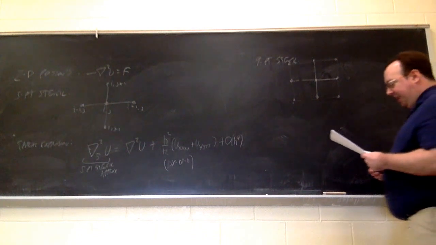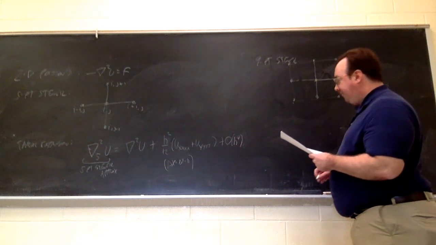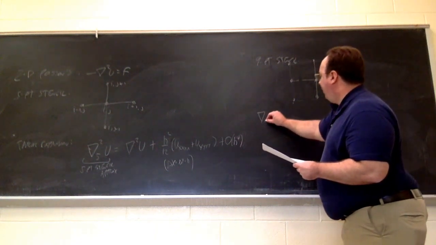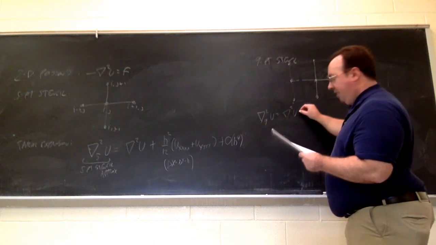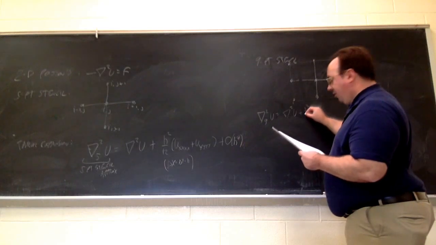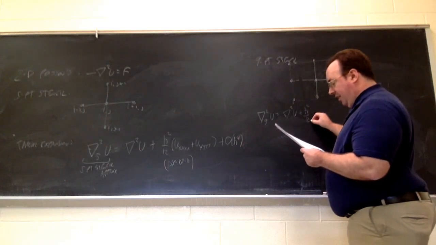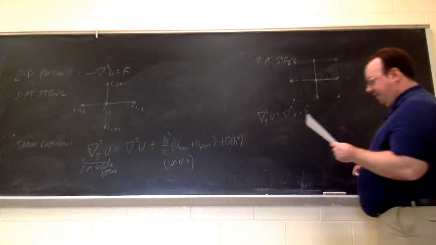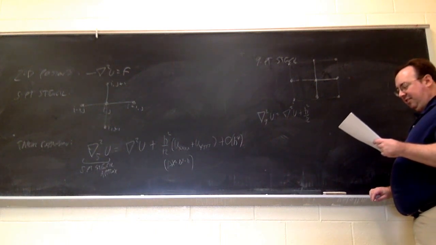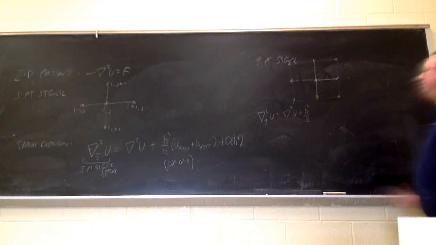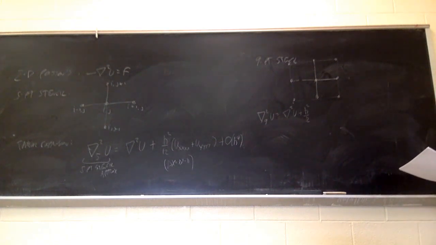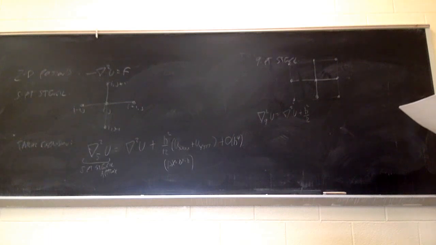And what we get in that case is the 9-point Laplacian is equal to the exact Laplacian plus, and our first error term is, okay, I'm sorry, I made an incorrect statement earlier.